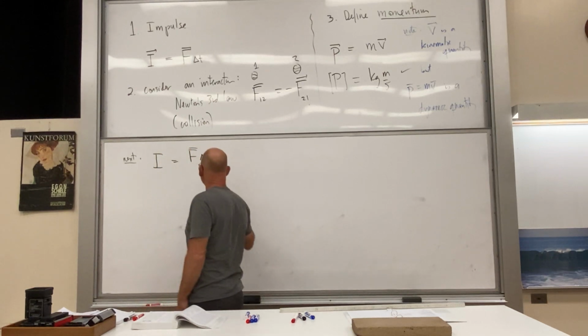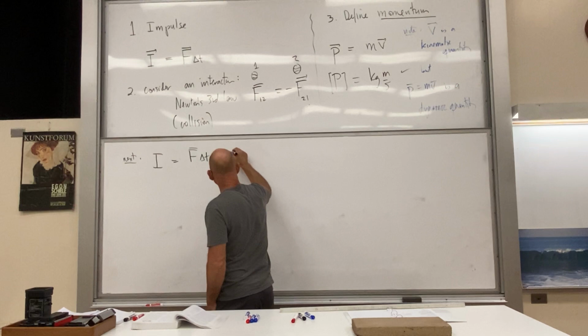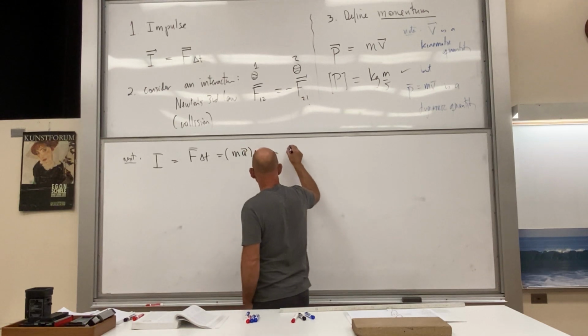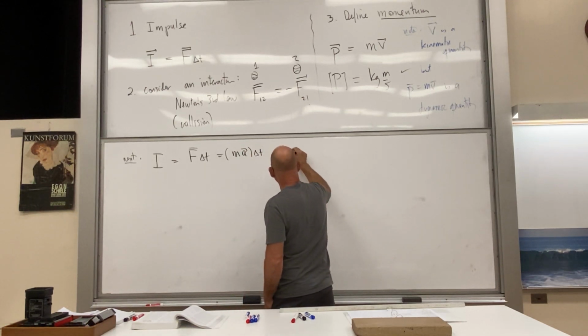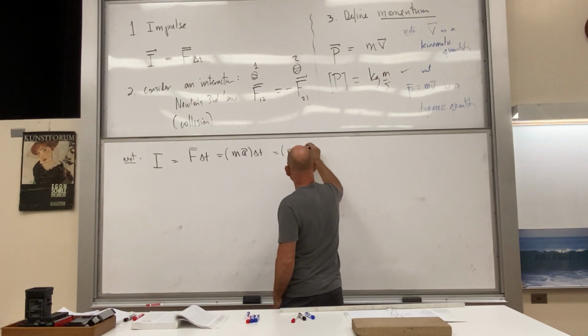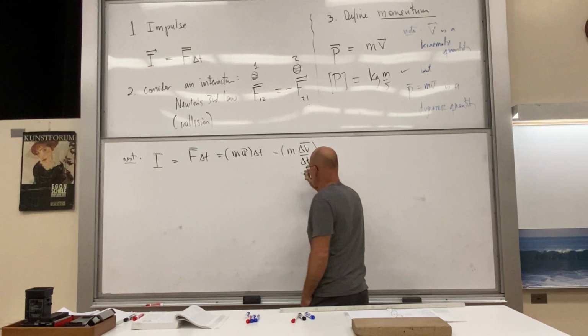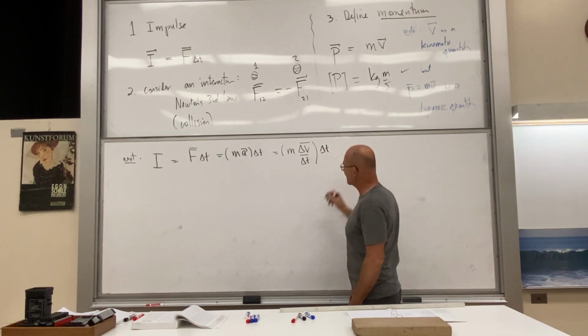I'm just going to keep going. What do we know about the force? The force is mass times acceleration times delta t, and it's mass times change of velocity divided, you know, per time, times delta t.